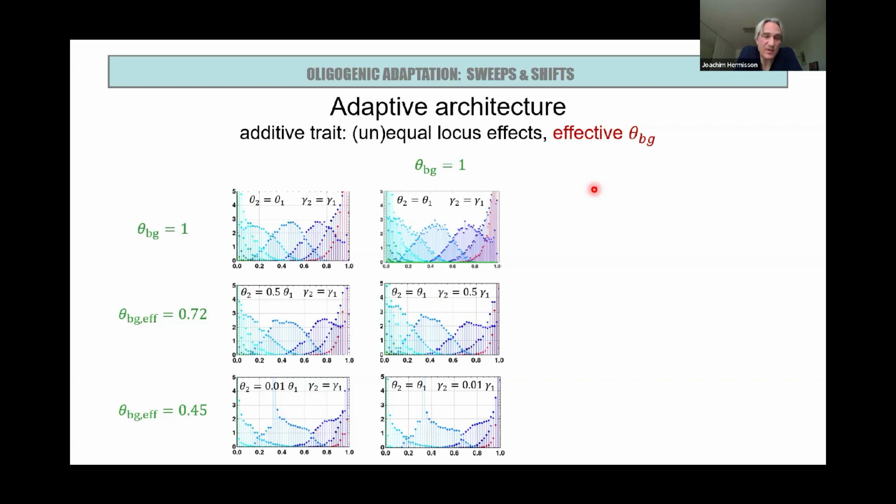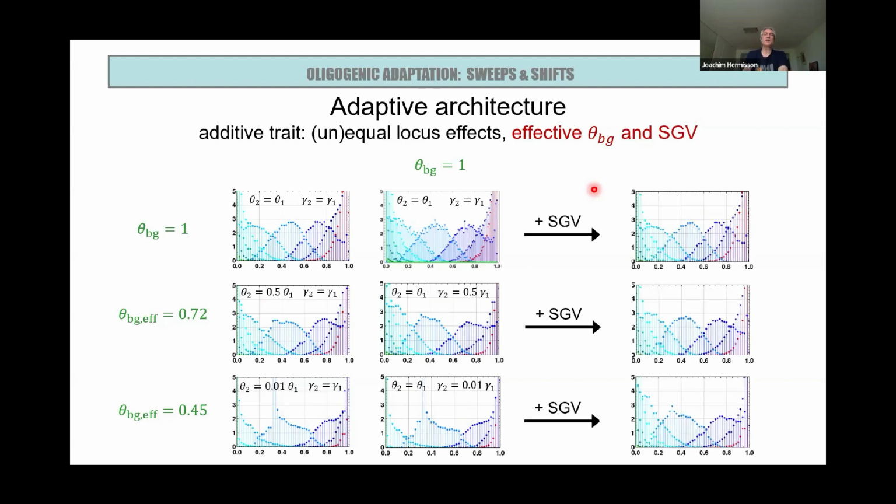Because so far we have not done this. But of course, standing genetic variation is the thing that favors small loci because they are less selected against. So let's just do this. Now we have all these things with standing genetic variation, and we see it here. For equal locus effects, we had this. It just doesn't matter. It gives completely the same result. But then here, for unequal locus effects, we get this and this.